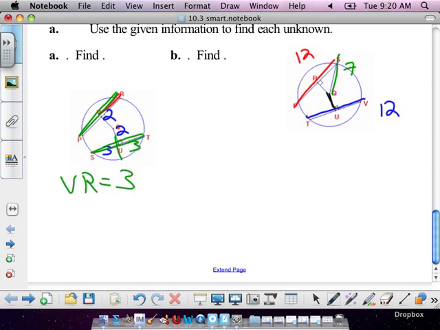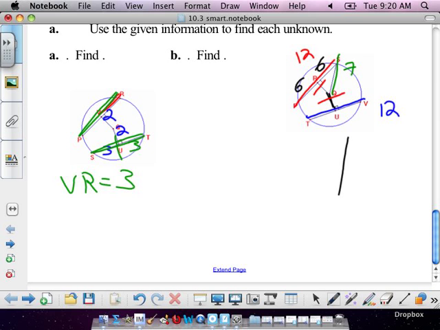If 2 chords are congruent, they have to be what from the center? Equidistant means the same, right? So QU and RQ have to be the same length. We're okay there so far, right? Yeah. All right. We also know if it's perpendicular, it's dividing this in half. So I know both of these halves are 6, correct?